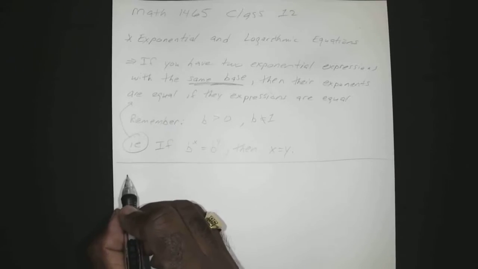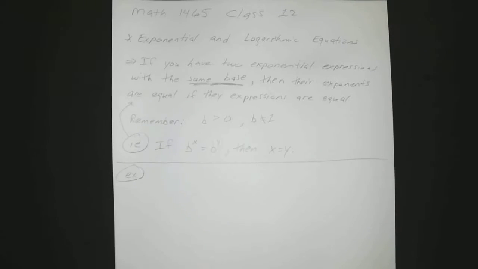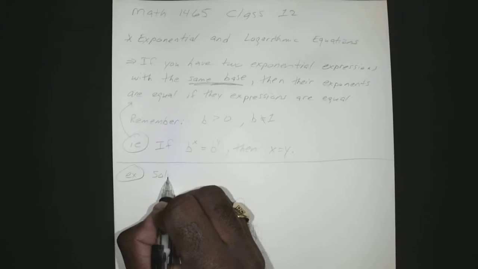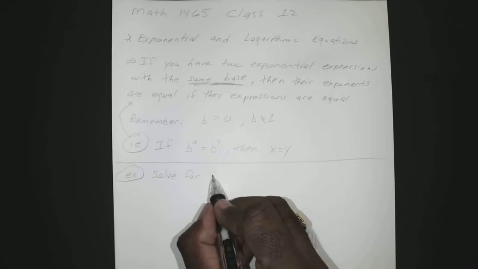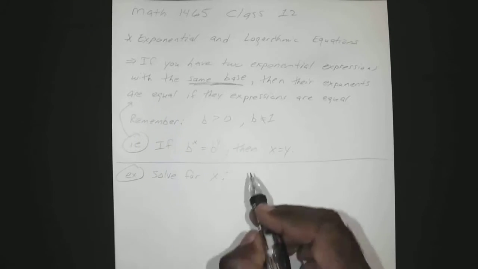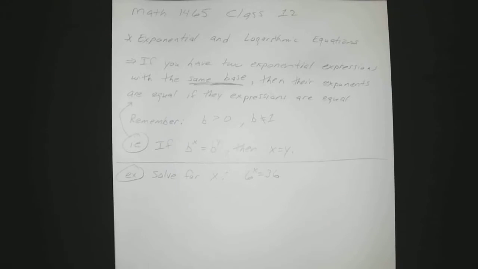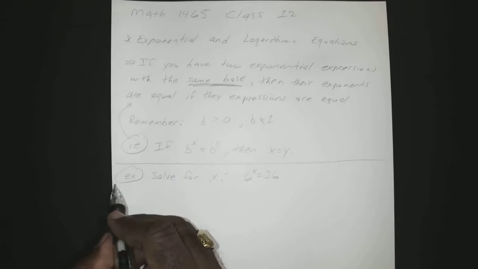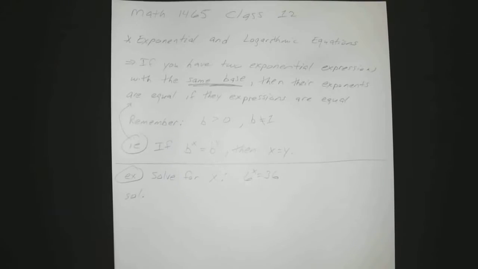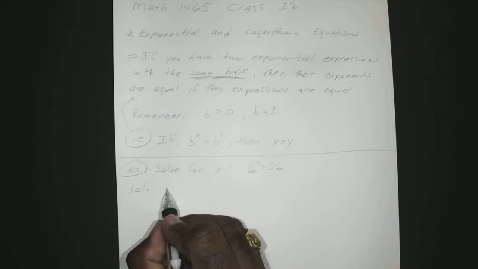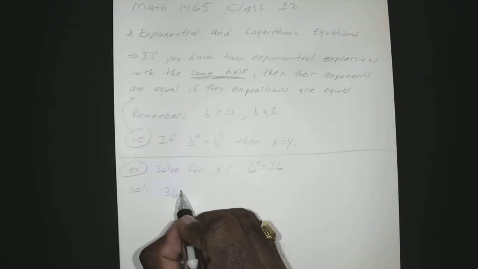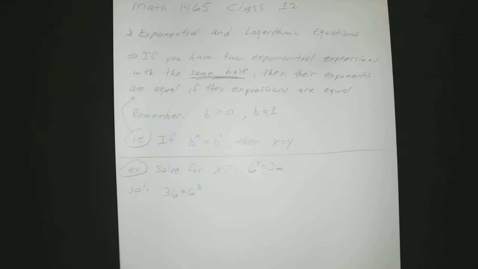All right, so let's say, for example, you wanted to solve for x, you had 6^x equals 36. Okay, I'm just assuming you're not just solving it in your head. Okay, so we know that 36 is equal to 6 squared.